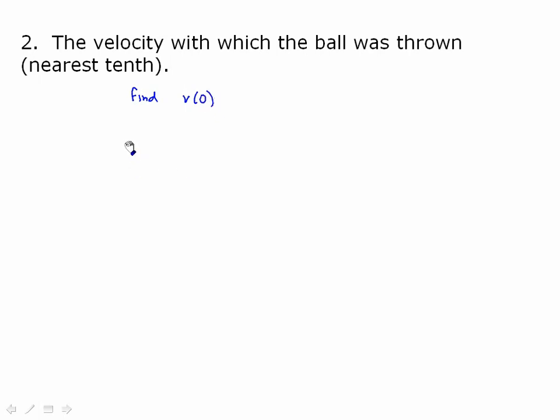In fact, this would have been a good question to answer first. v at 0, go back to the velocity formula, and that's negative 9.8 times t, which is 0, plus 19.6. So v at 0, when you work it all out, is equal to 19.6.